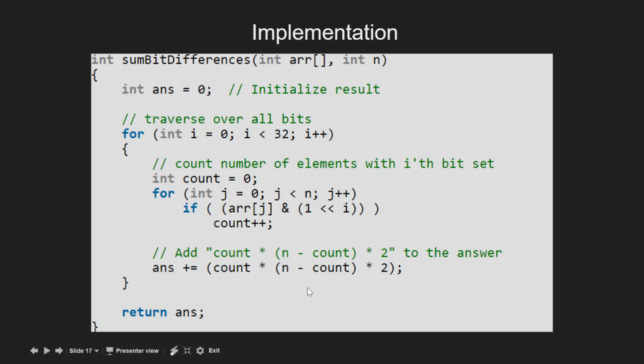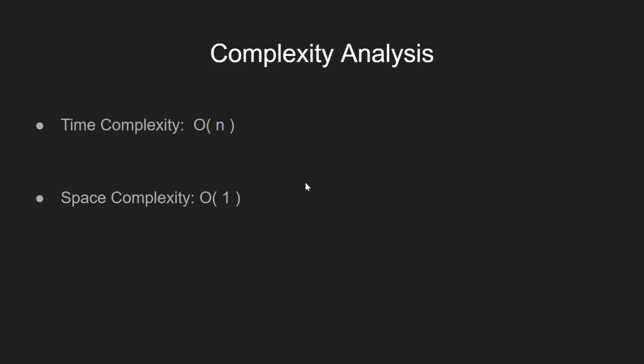Further, in the external for loop, we calculate the product of count into n minus count multiplied by 2 to get all possible 0, 1 pairs at the ith bit position and finally add it to the answer variable. This answer variable at last would give us the sum of all the bit differences among all the pairs. The complexity analysis of this approach is as follows.